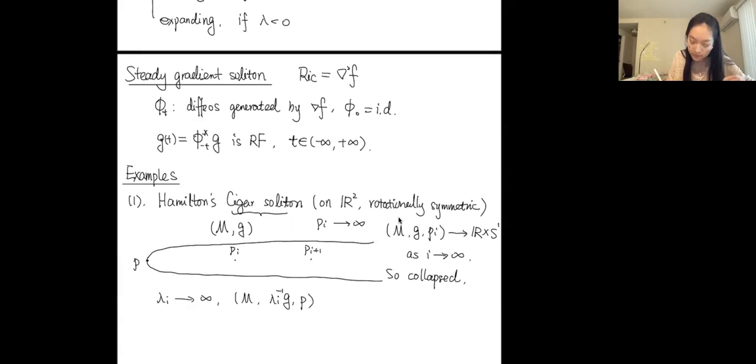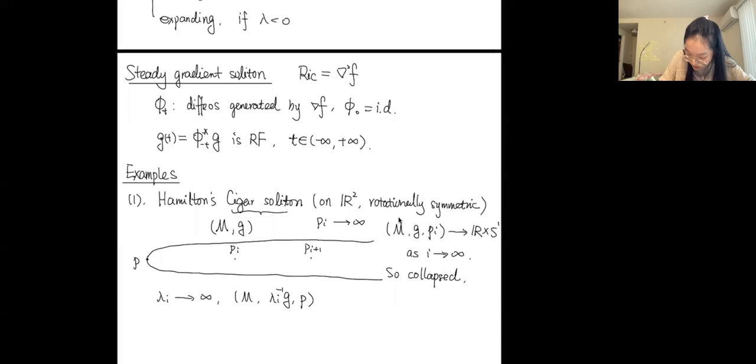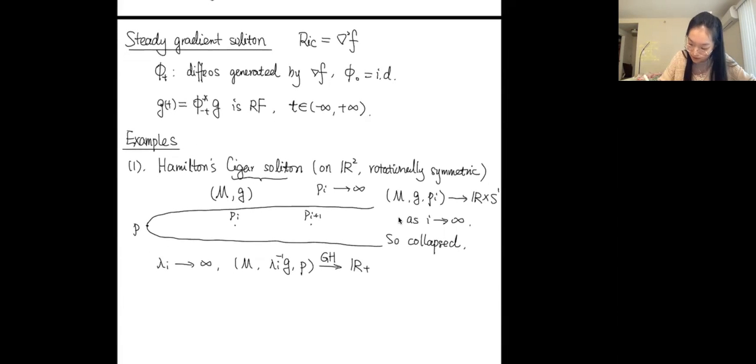This time we fix the base point, and we can see that in the Gromov-Hausdorff sense this converges to a ray. This is called the asymptotic cone of the cigar soliton. It is a ray.